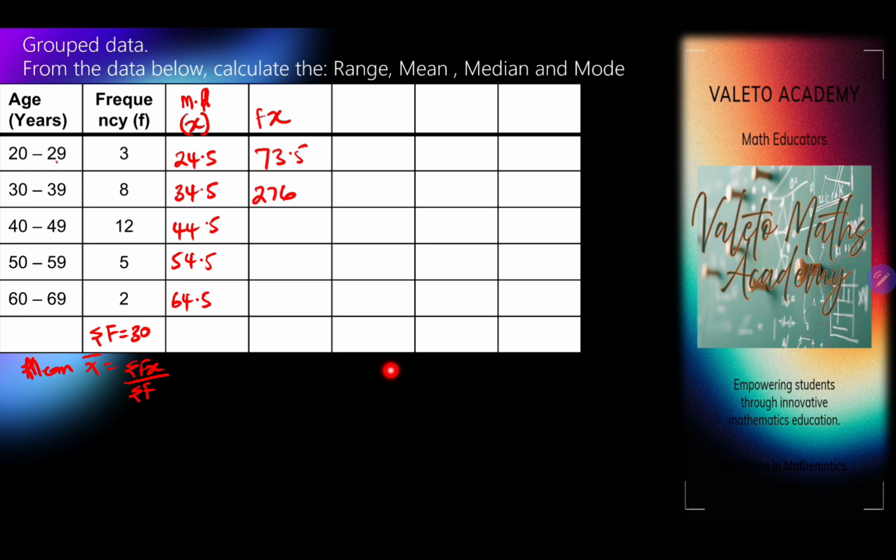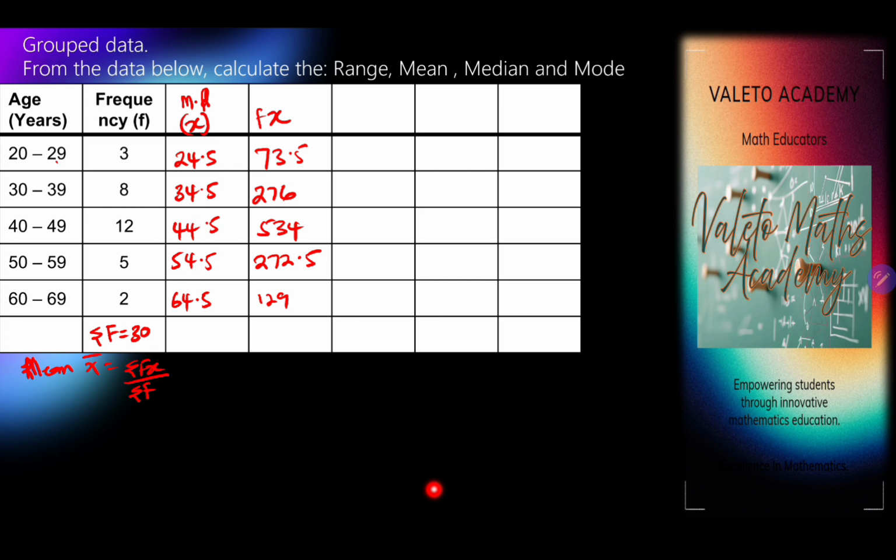The next one is 5 times 54.5, and that gives us 272.5. And the next one is 64.5 times 2, and that gives us 129.